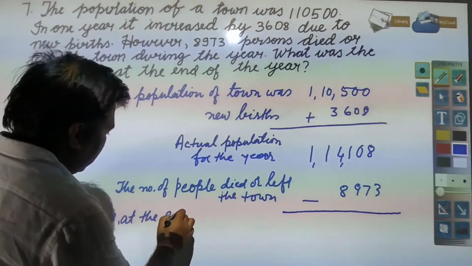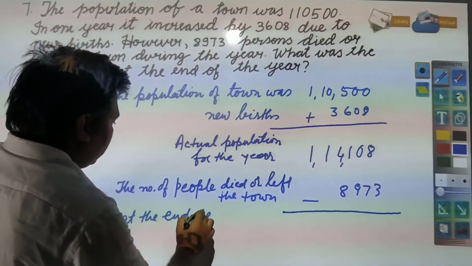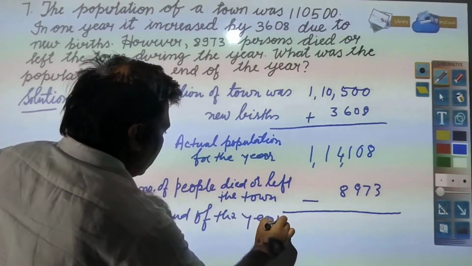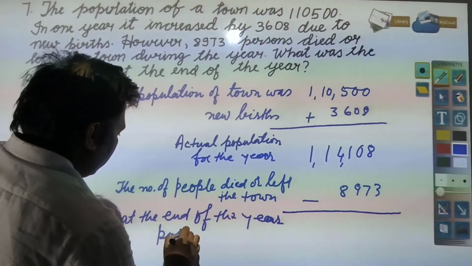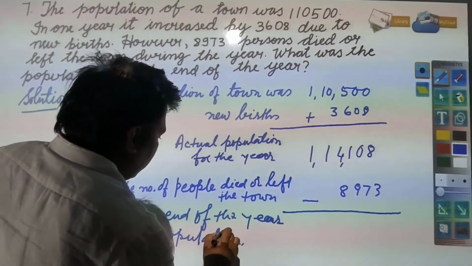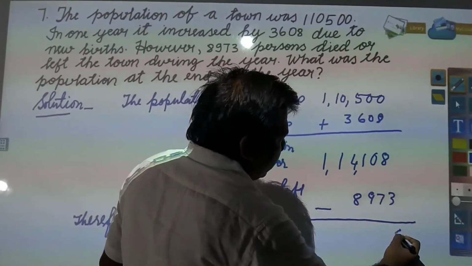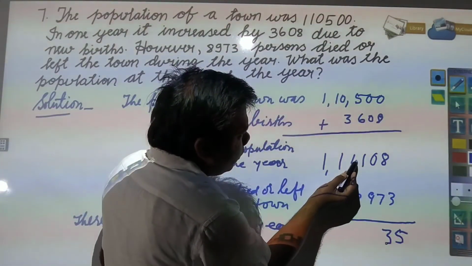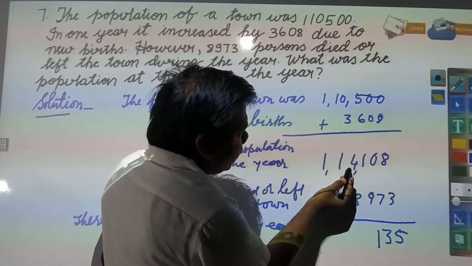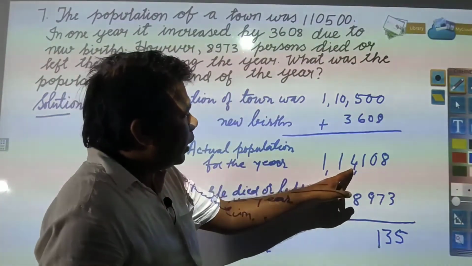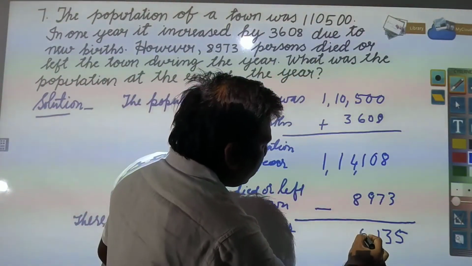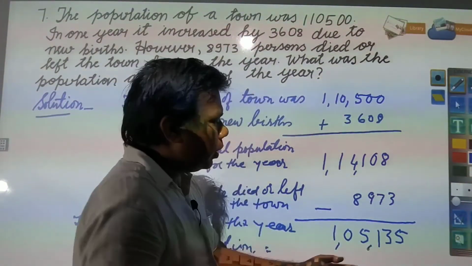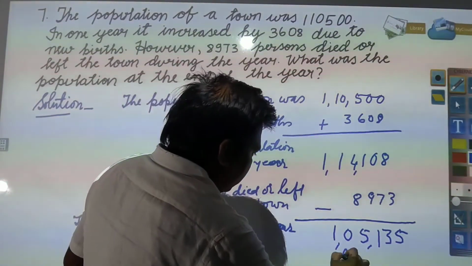At the end of the year, population is equal to, here you see 8 minus 3 is equal to 5, 10 minus 7 is equal to 3, and here you are left with 0, so it will become 10, 10 minus 9 is equal to 1, here you have 3, and 13 minus 8 is equal to 5, and here you will have 0, and here you will have 1, means 1,05,135, and this will be your answer.